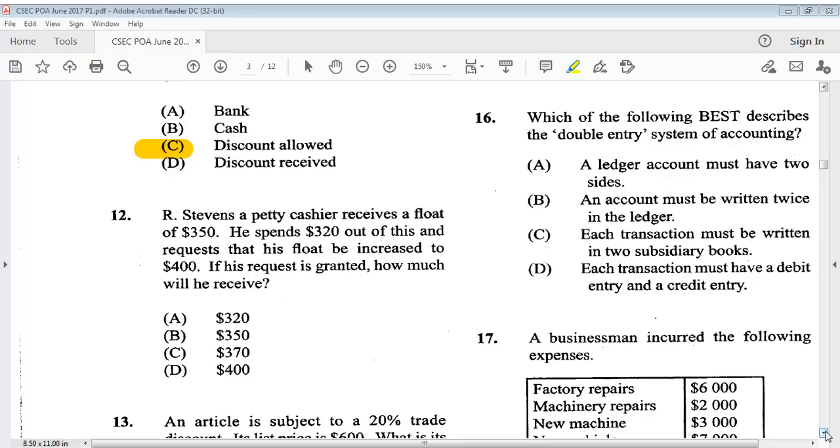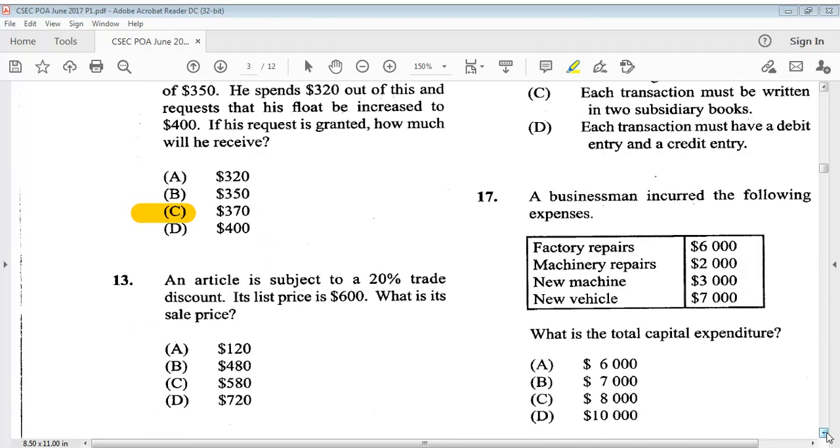And then he requests his float to be increased to $400, so we would deduct $30 from that $400. He will receive $370. So C would be our answer.